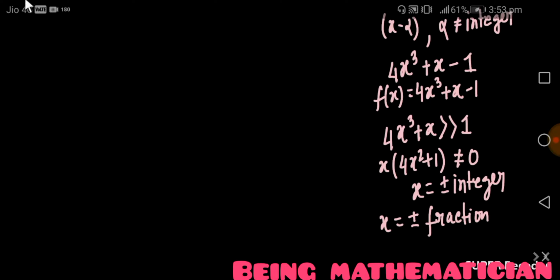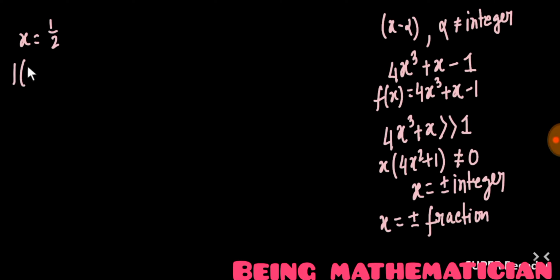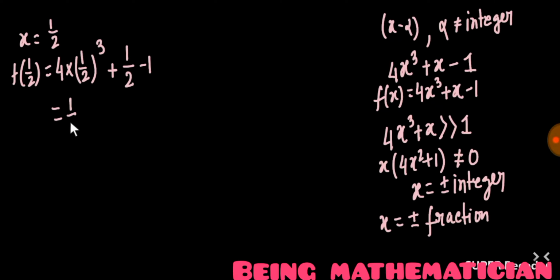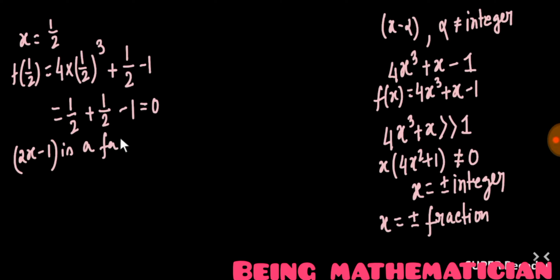So now putting x equal to 1 by 2, f(1/2) is equal to 4 into (1/2) to the power 3 plus 1/2 minus 1. So it will be half plus half minus 1, so it must be equal to 0. So 2x minus 1 is a factor of f(x).